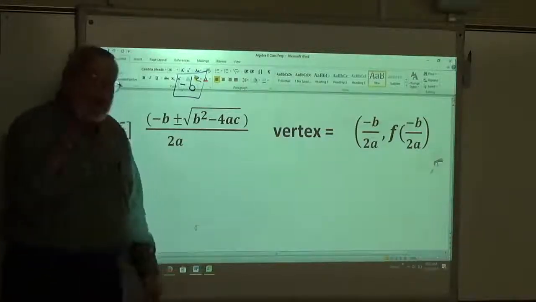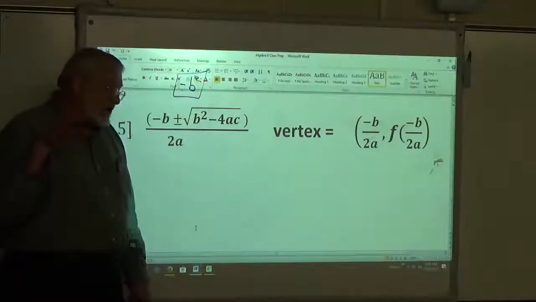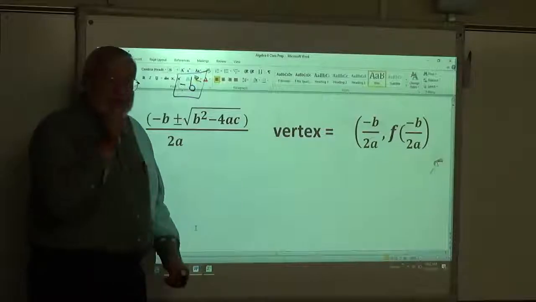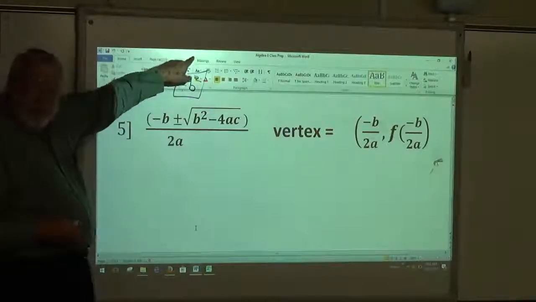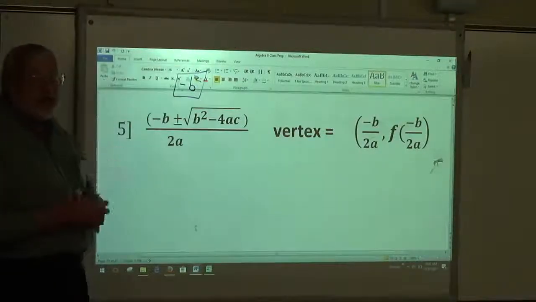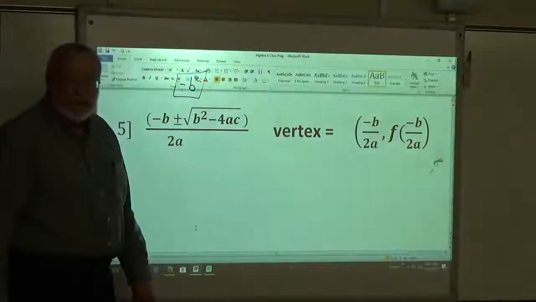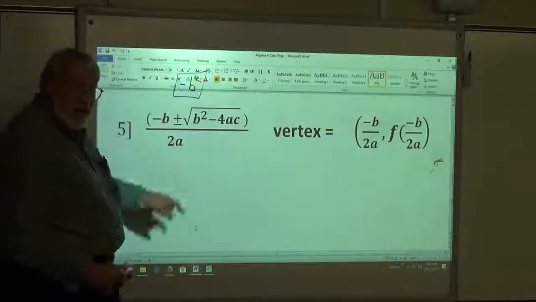Now, I have looked at solutions for quadratics. And if you understand that this negative value comes from the b of the quadratic equation, and you look at the answers, you can throw two of the answers out immediately, because they're going to have the wrong sign on this b.